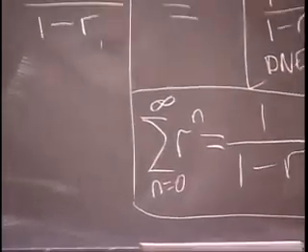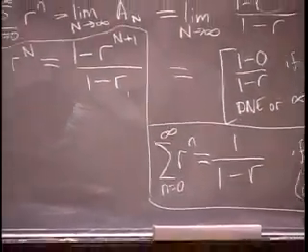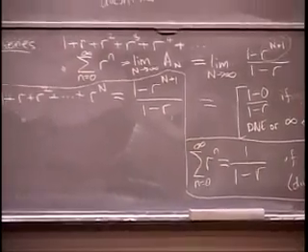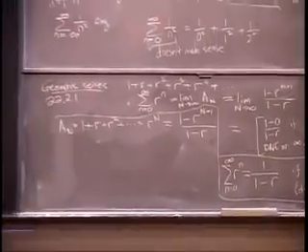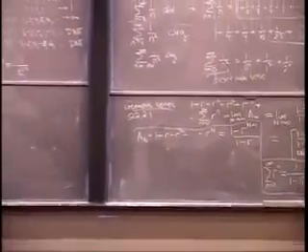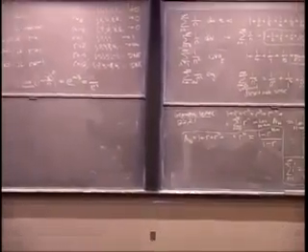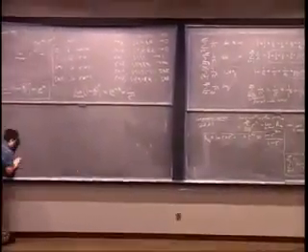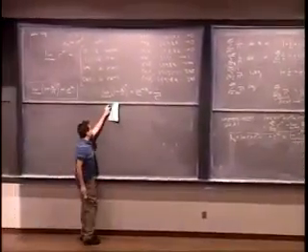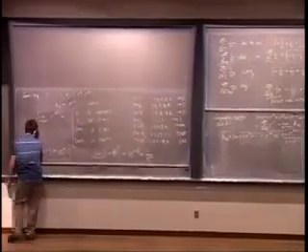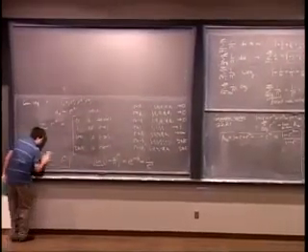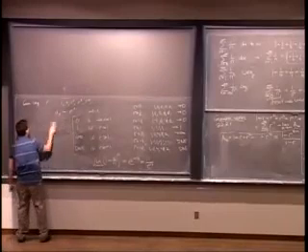On the other hand, we should do some examples. So you need to be able to look at a series, recognize that it's geometric or related to a geometric series, and then apply that formula. Now, rather than use that formula in that form, I propose to give you a slightly different and more useful form.